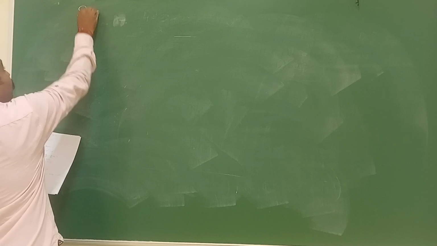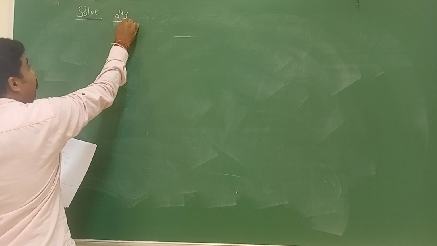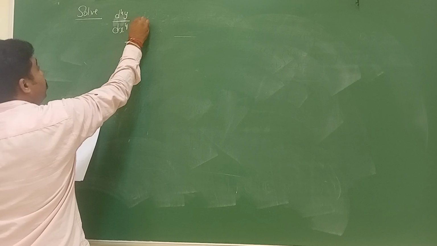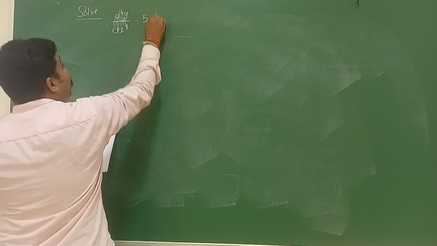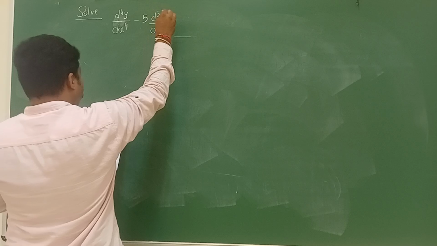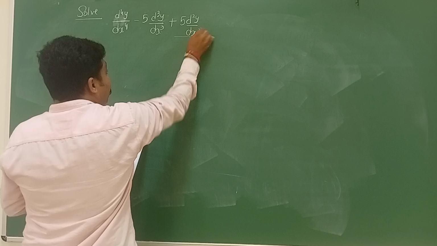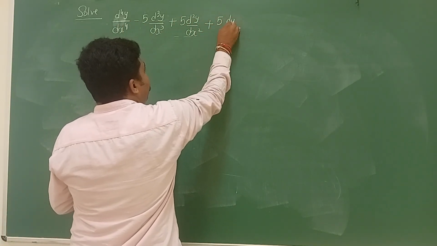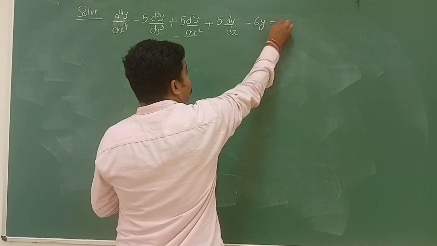Solve d power 4 y by dx power 4 minus 5 d cube y by dx cube plus 5 d square y by dx square plus 5 dy by dx minus 6y equal to 0.